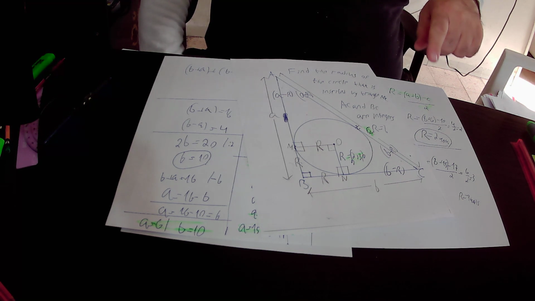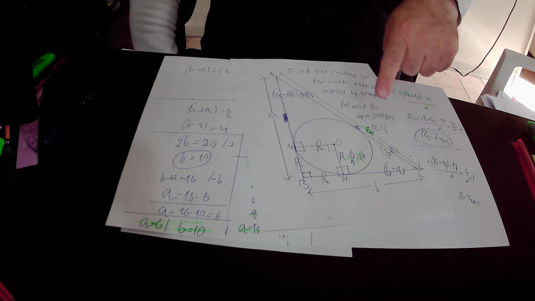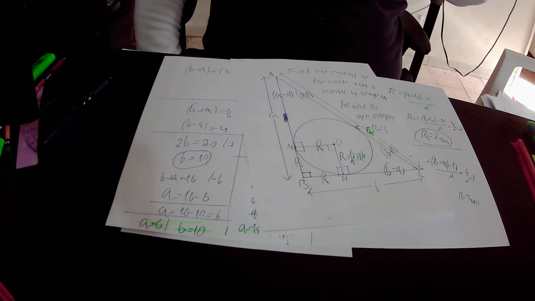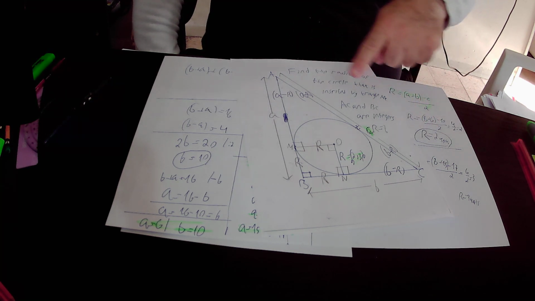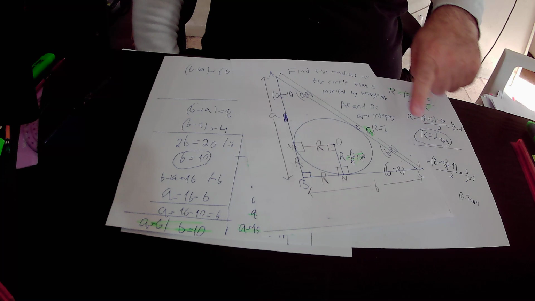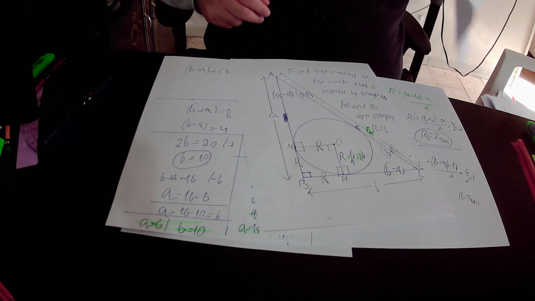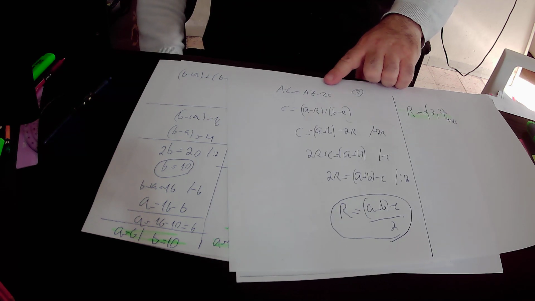So in conclusion we found that CZ equals B minus R and AZ equals A minus R, and in total the hypotenuse AC equals AZ plus ZC.